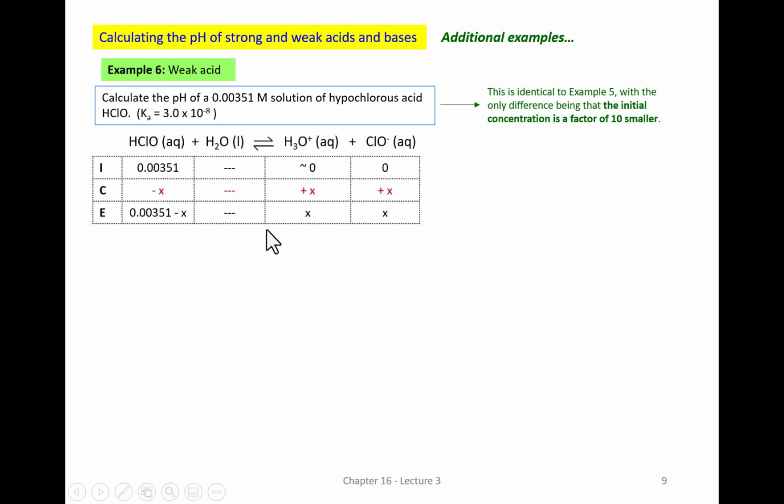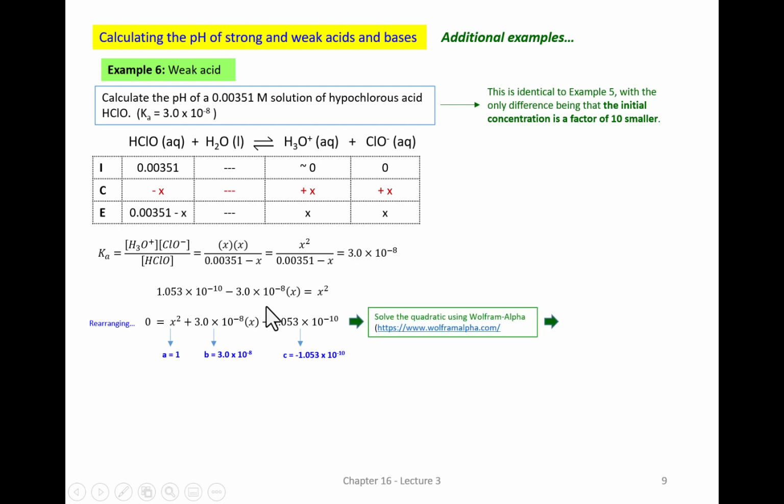We, of course, will use the same ICE table, only the initial concentration is 0.00351, again, 10 times smaller than what we used before. And we will, again, find an x value. And again, if we took a shortcut here and just put this original formula into Wolfram Alpha, we'd find that x turns out to be yet an even smaller number than before, 0.0000102466.